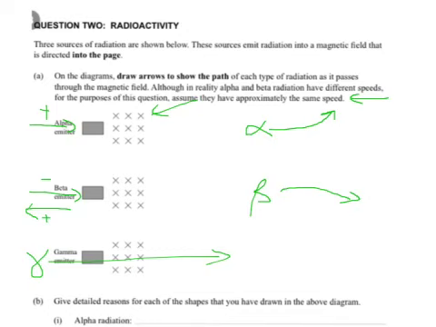Okay, so that's the first part. That gives the direction. We've got alpha and gamma sorted. But we've got this extra layer of complexity, that alpha is a heavier particle and beta is much lighter. In fact, a beta particle is so much lighter that it would take much less force to deflect it.